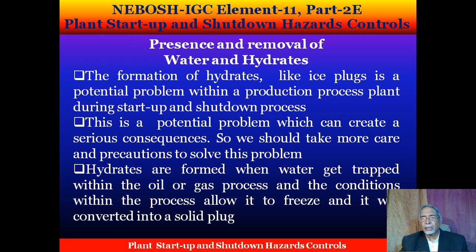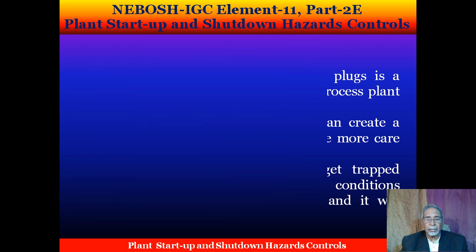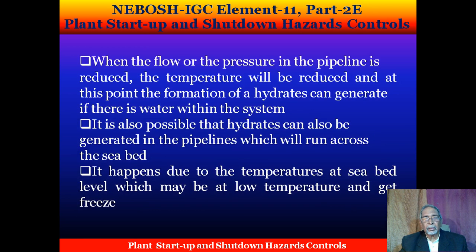Hydrates are formed when water gets trapped within the oil or gas process and the conditions within the process allow it to freeze and convert into a solid plug. When the flow pressure in the pipeline is reduced, the temperature will be reduced, and at this point the formation of a hydrate can occur if there is water within the system.